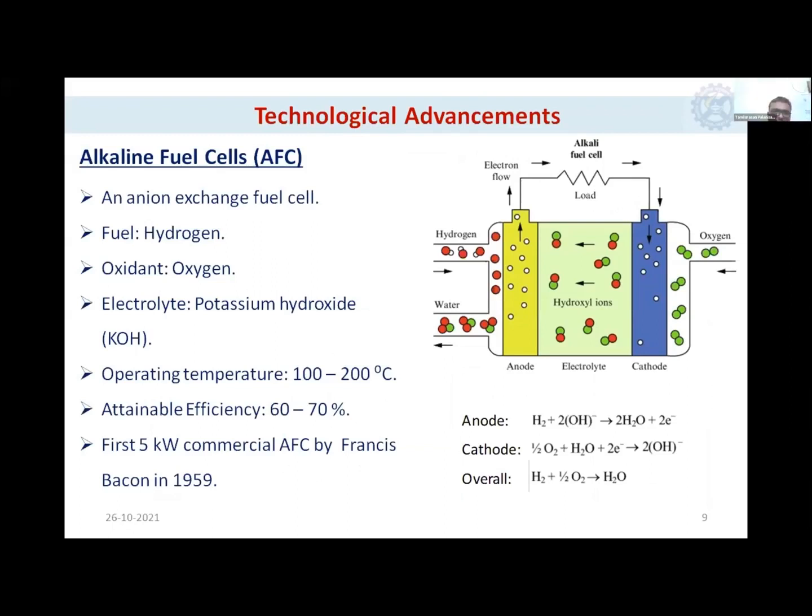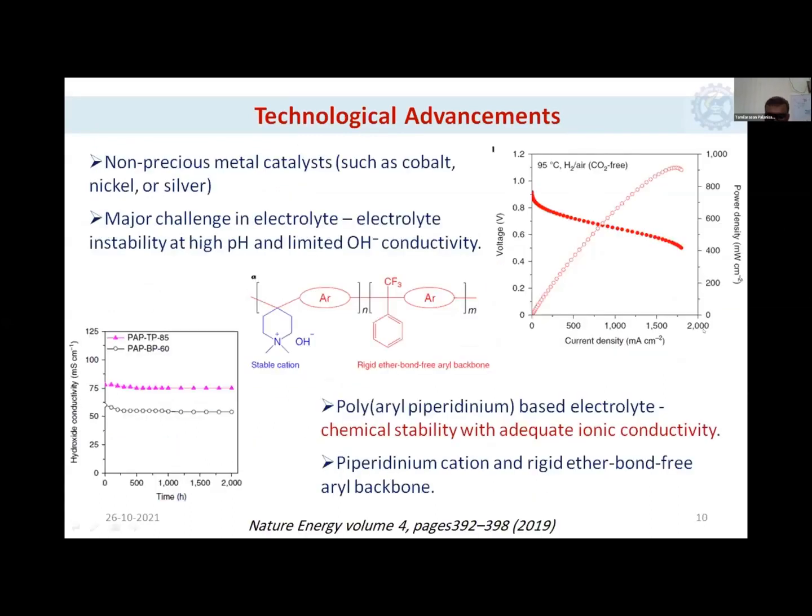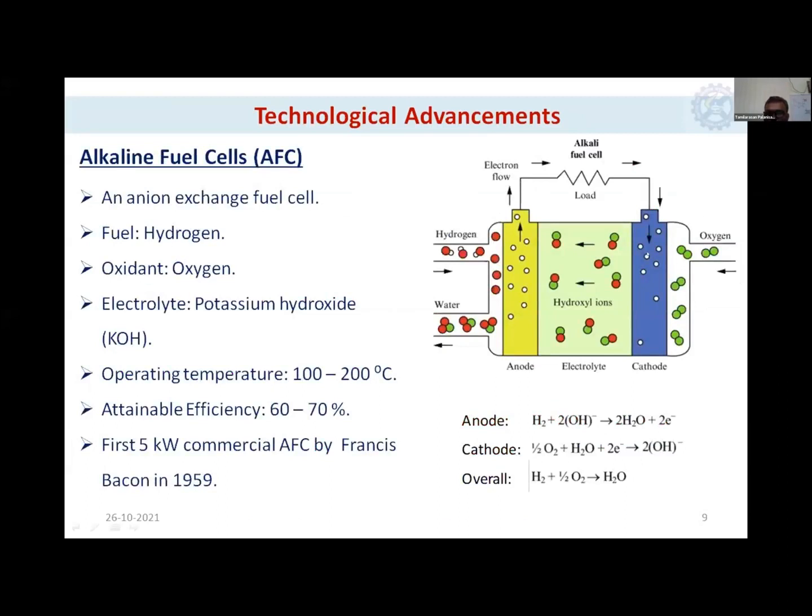This is, as I already said, an anion exchange fuel cell where hydrogen is used as a fuel and oxygen is used as an oxidant. As you know, it is an anion exchange fuel cell, so there should be some anions, like hydroxyl anions, produced in the cathode.